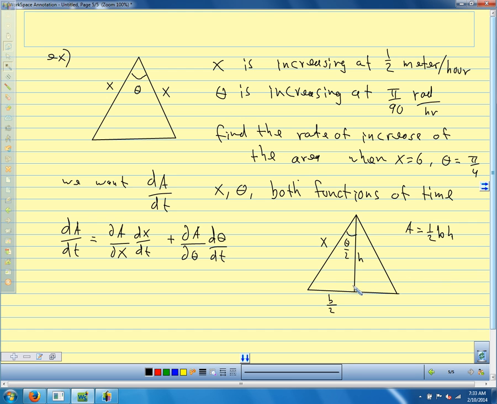Well, don't we have a nice right triangle here? Yeah, so we can use some trigonometry. Our height in terms of x and theta: h equals x cosine theta over 2.